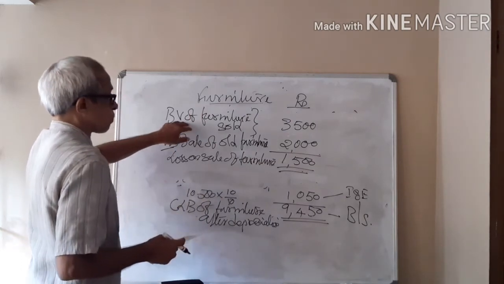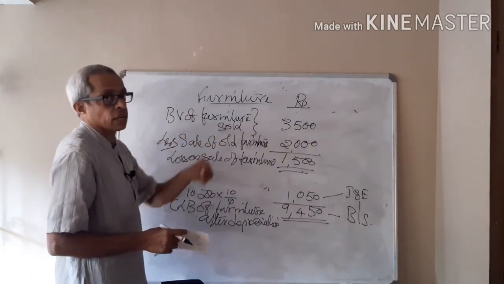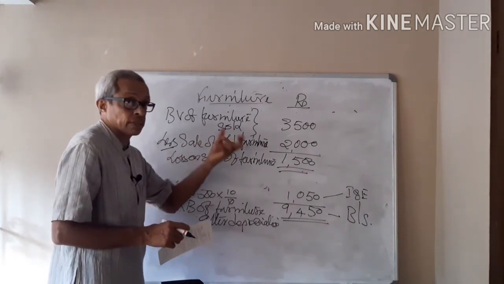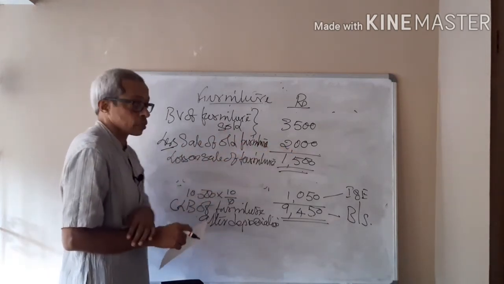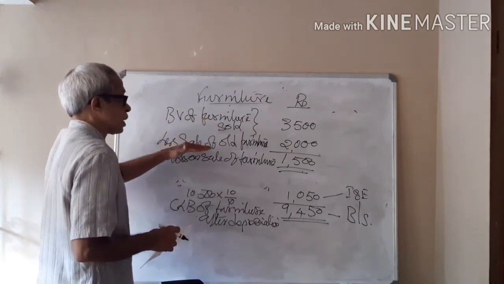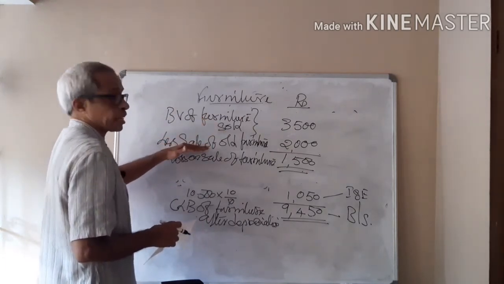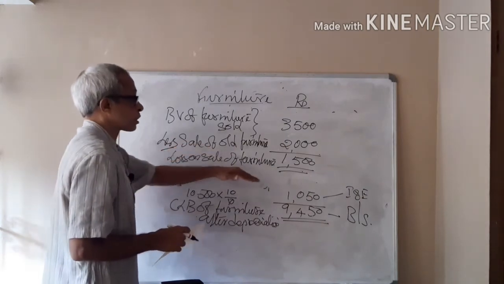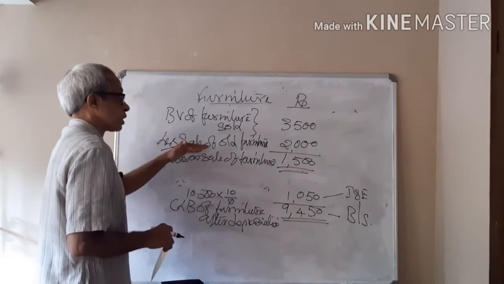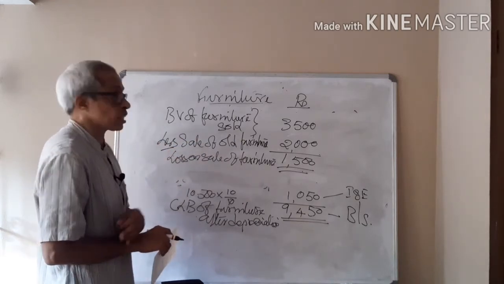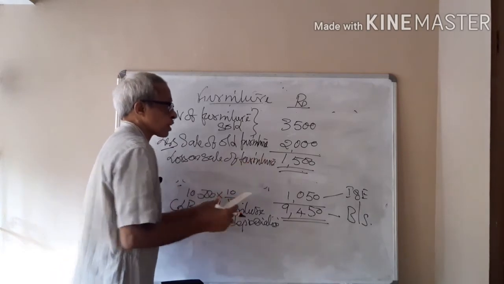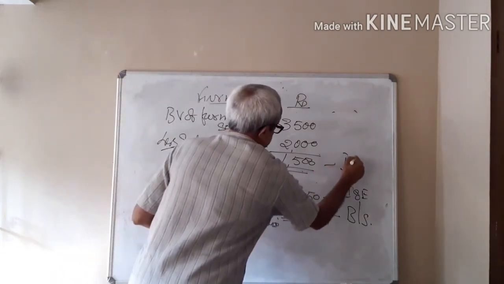The book value of the furniture sold is 3,500, and the amount realized from the sale of old furniture is 2,000. Here the book value of furniture is higher than the amount realized from the sale of the furniture. Then the difference between the book value of furniture and the sale proceeds from the old furniture is termed loss on sale of furniture. That loss on sale of furniture may be shown on the income and expenditure account.